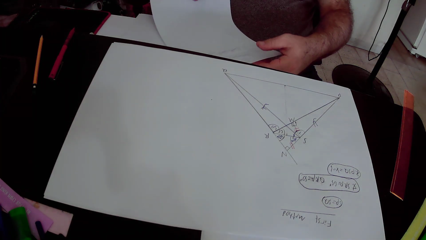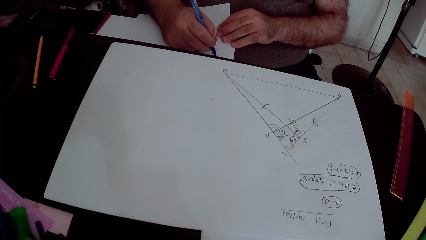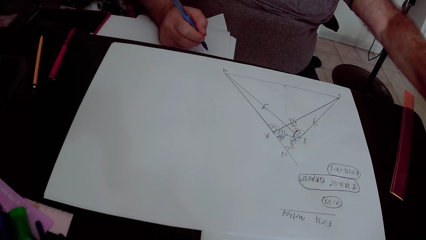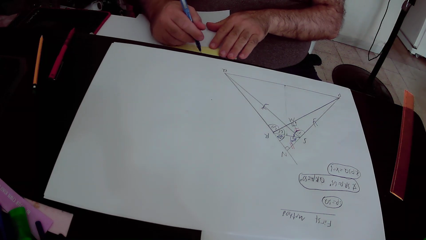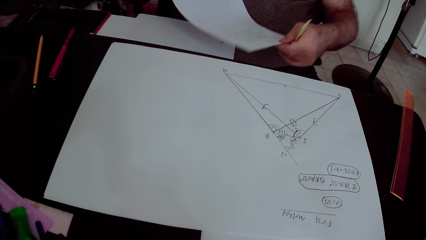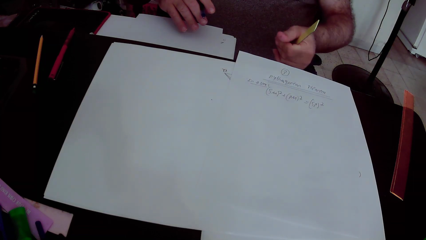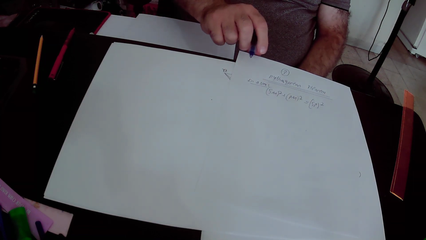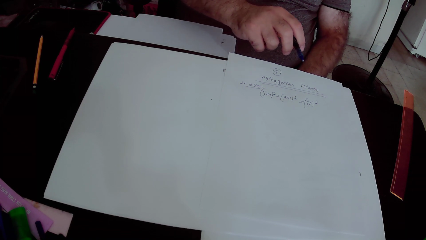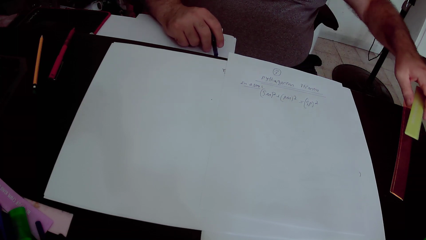Again, in the right triangle SPM, SM square plus PM square equals SP square.